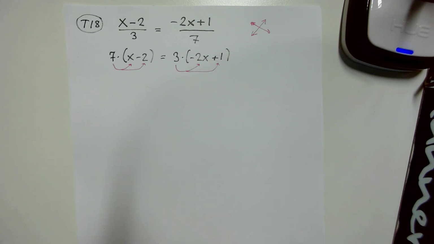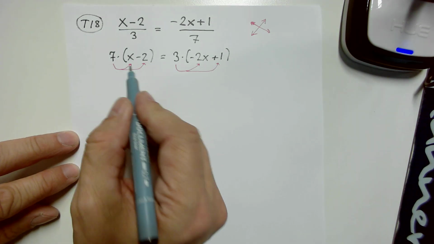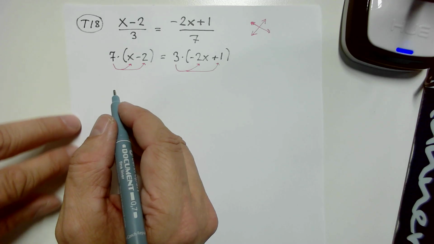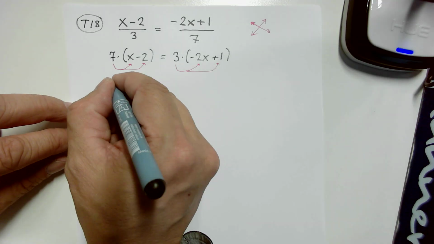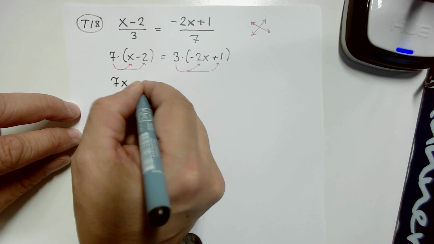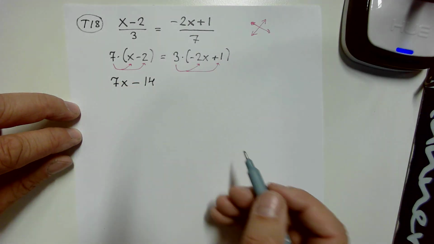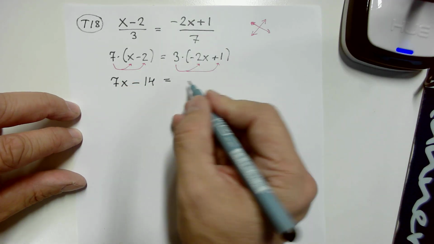And what will we get when we do this multiplying? Yes, 7x minus 14. And how about here?